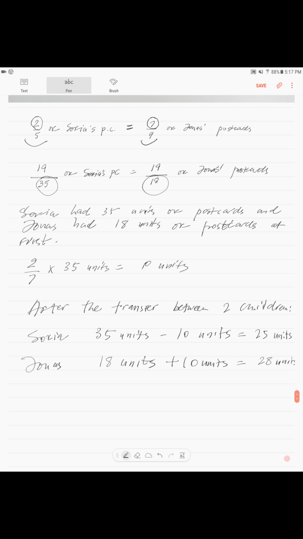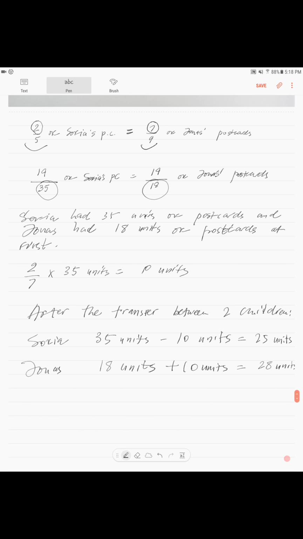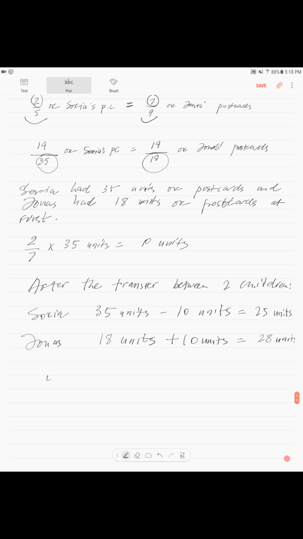So now read the last thing, right? Sophia had 5/11 of the total number of the postcards in the end, right? So 5/11 of the total number of postcards is 25 units, right?